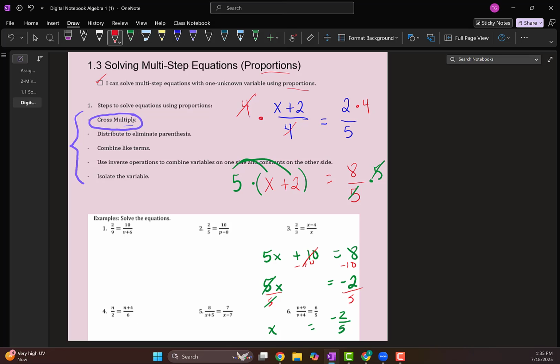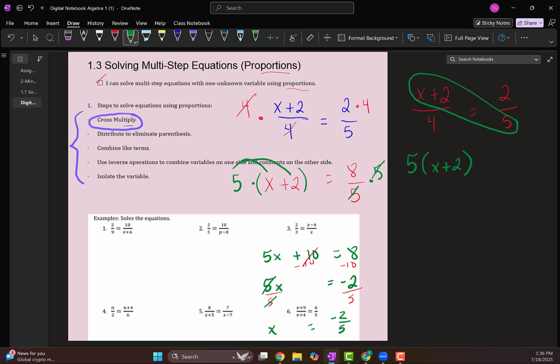The shortcut way using cross multiplication would be, if we rewrite the original problem and do cross multiplication, we're going to multiply diagonally across that equal sign. So we're going to take 5 and we're going to multiply it by all of x plus 2.